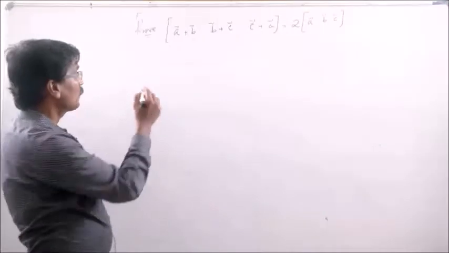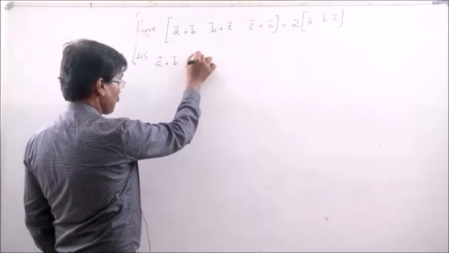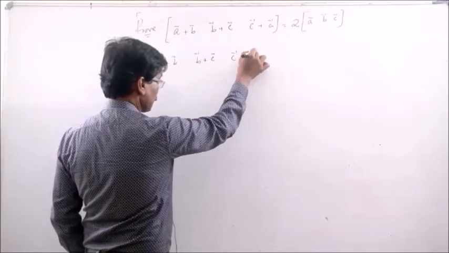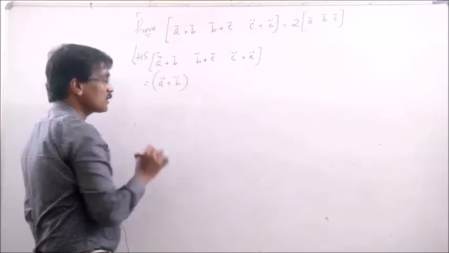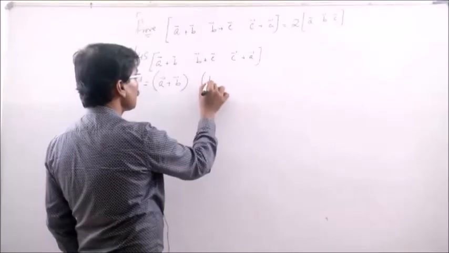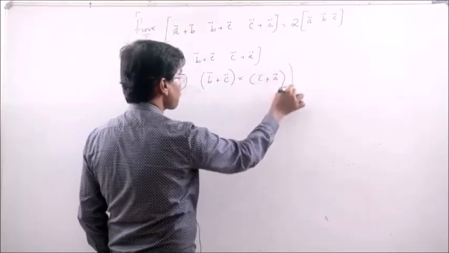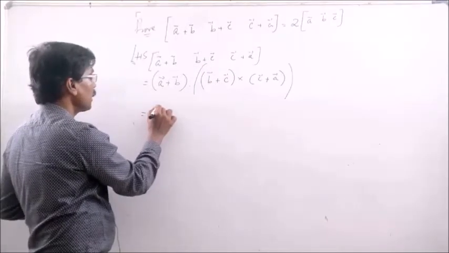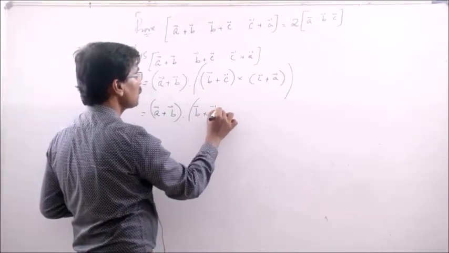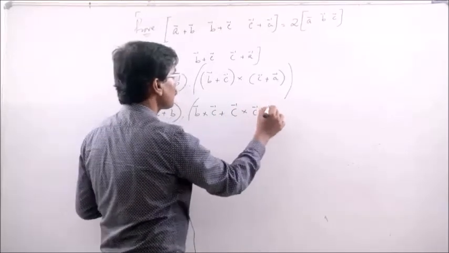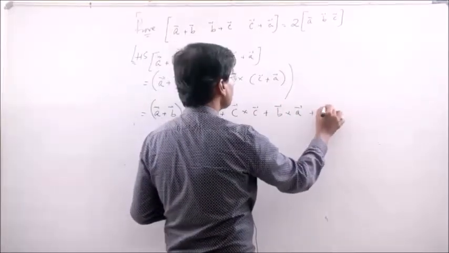So, we can prove by taking from LHS, that is a plus b, b plus c, c plus a, scalar triple product, which is equal to A plus B. We can take dot or cross between any two, that is A plus B dot B plus C cross C plus A. So, which is equal to A plus B dot, we can expand this, that is B cross B, B cross C plus C cross C plus B cross A plus C cross A.